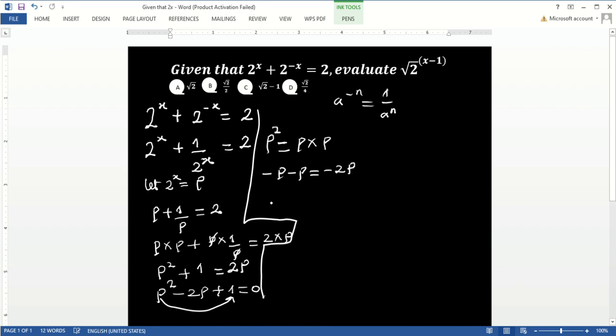So the equation becomes p square minus p minus p plus 1 is equals to 0. Here we have to group them in brackets. Now, what is the common factor here? P is a common factor.